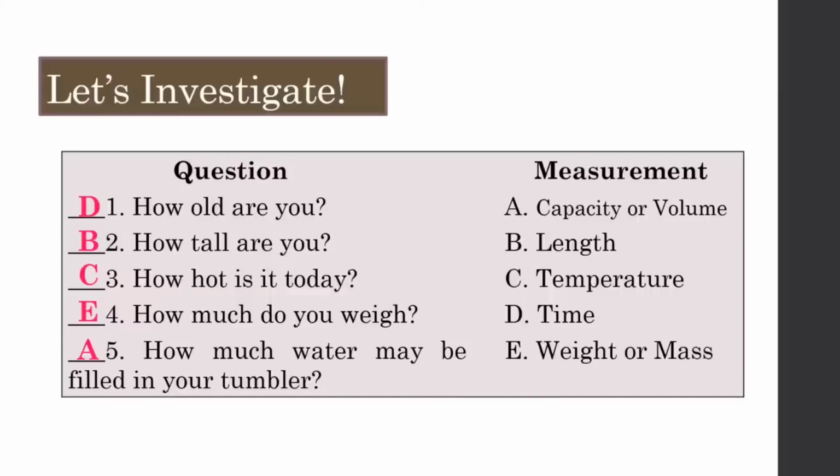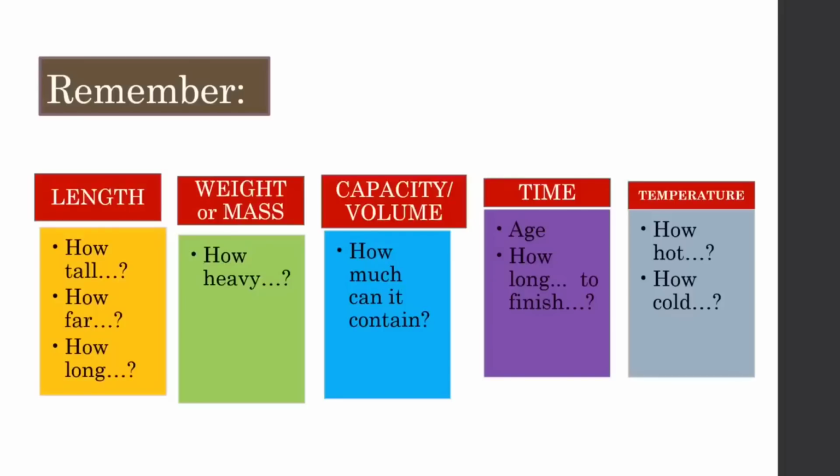With those examples, let us look at some of the other questions that we can take in mind. Aside from those questions, we can also consider the following questions. For measures of length, we can include how tall, how far, or how long an object is. For weight or mass, we can consider how heavy an object is.